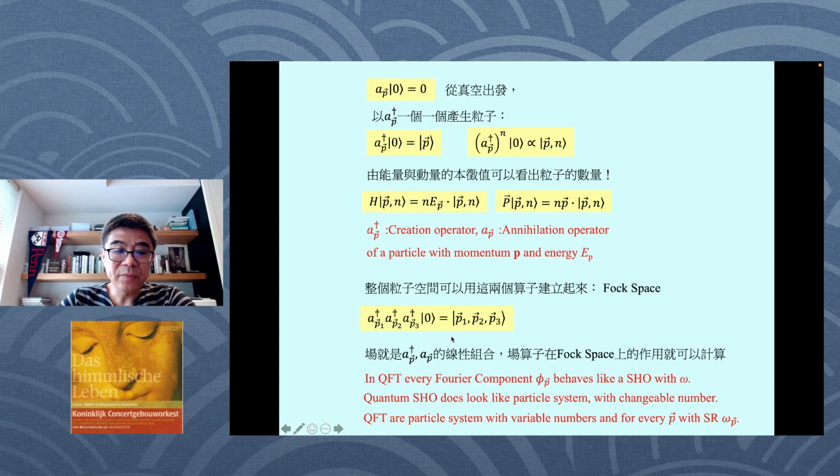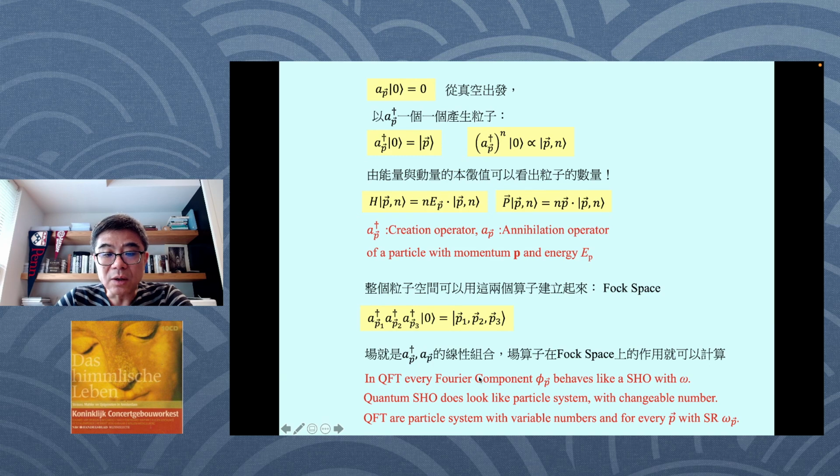Okay, so I'm almost done. That's why quantum field theory is easy. Here I summarize the 3 steps in our logical derivation. In quantum field theory, every Fourier component of phi behaves like a simple harmonic motion with frequency omega p. Then, as I derived in the earlier 30 minutes, the quantum simple harmonic motion looks like a particle system with changeable number.